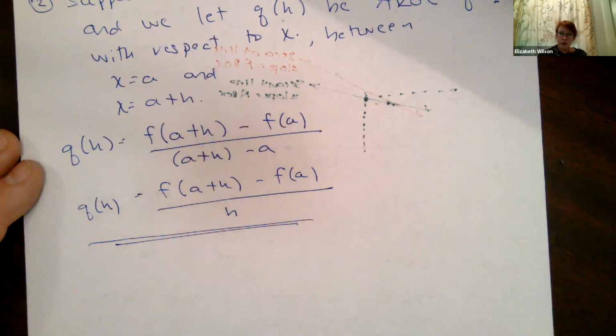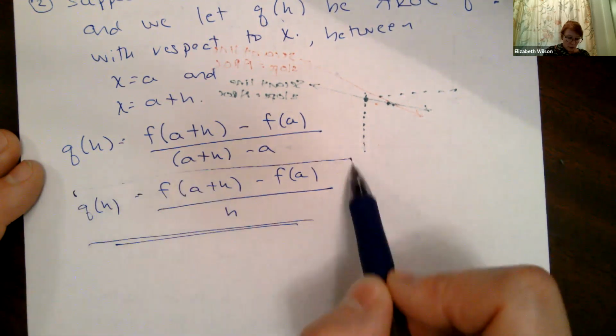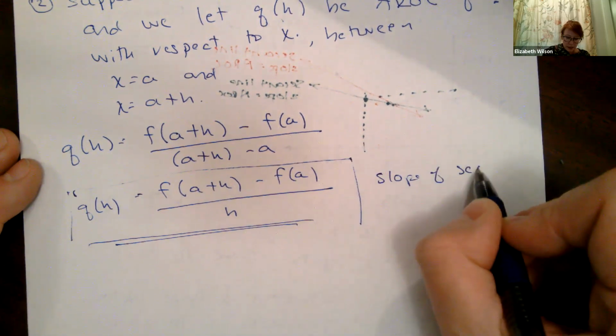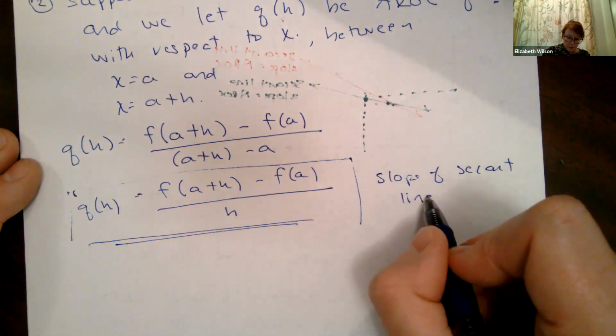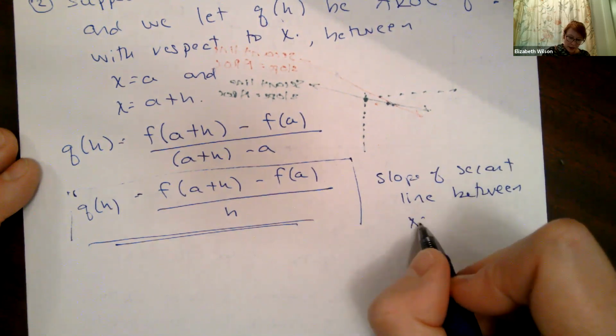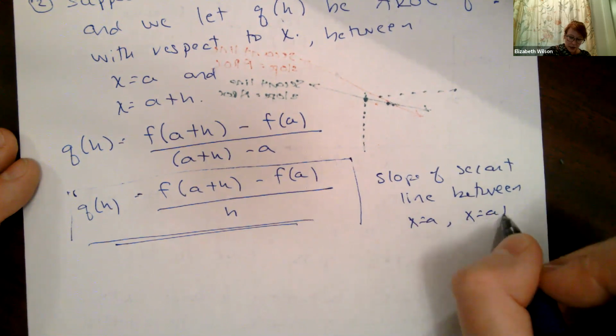This here we're going to use to help us. This is our slope of the secant line between x equals a and x equals a plus h.